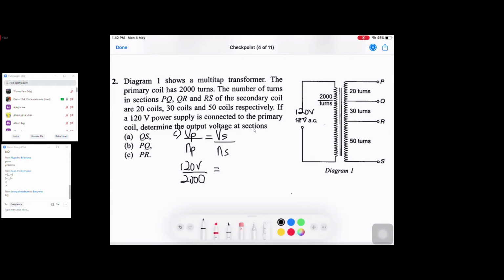Secondary, we do not know, but it's between P and R. Number of turns between P and R is 50. So the voltage of PR. Adeline, what's the answer? PR voltage. 3. Thank you.